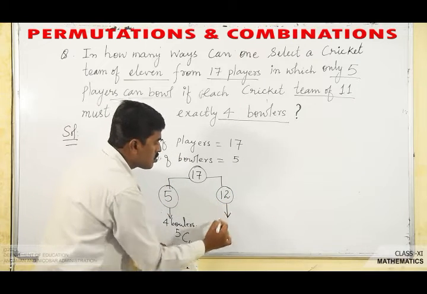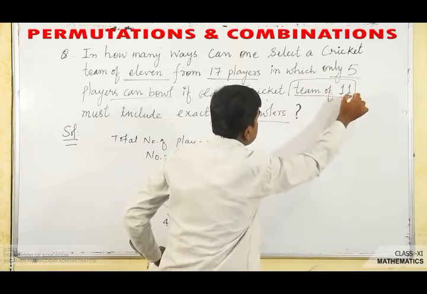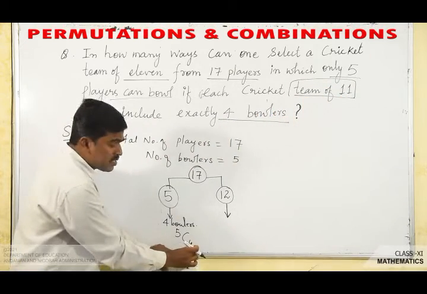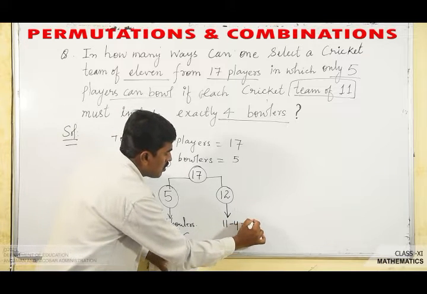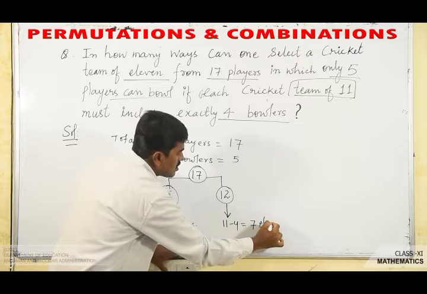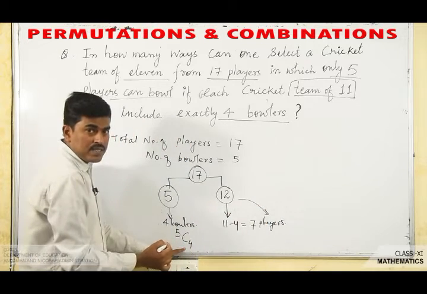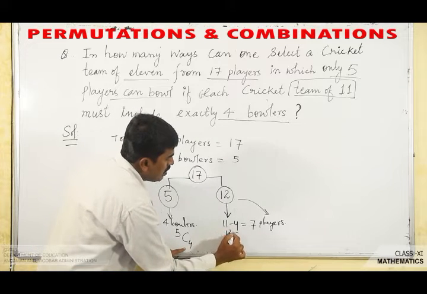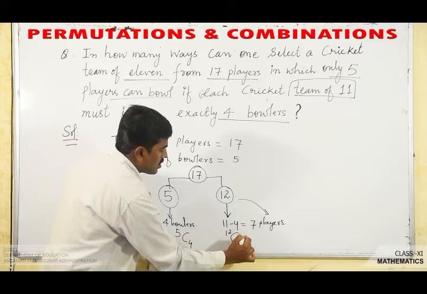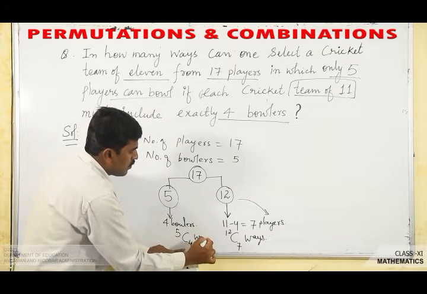The total number of players in the team is 11 and 4 players are selected, so the remaining number of players is 11 minus 4, that is equal to 7. 7 players have to be selected from these 12 players. So it can be done in how many ways? 12C7 ways, and this is 5C4 ways.